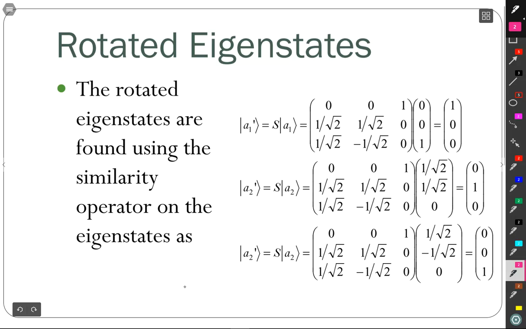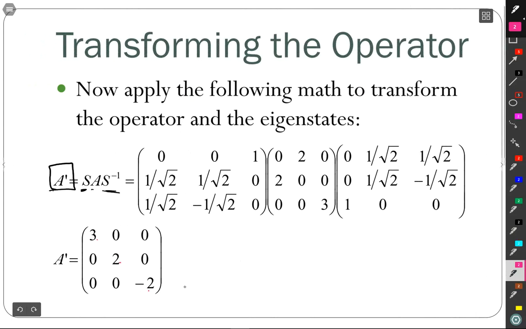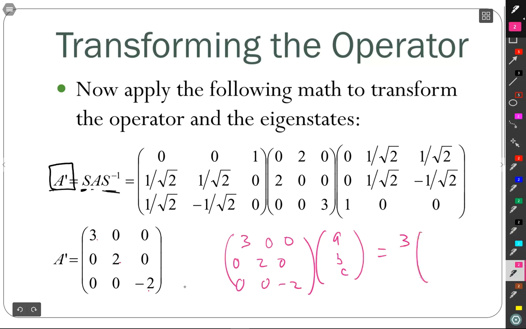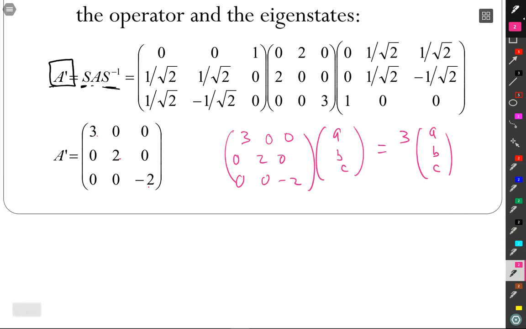And here's how you finally do the transformation of each of your eigenstates if you wanted to. You can take this and you can immediately say, aha, the eigenvalues are 3, 2, and minus 2. And so I have 3, 0, 0, 0, 2, 0, 0, 0, minus 2 times A, B, C equals 3 times A, B, C. And what's your first equation? 3A equals 3A.